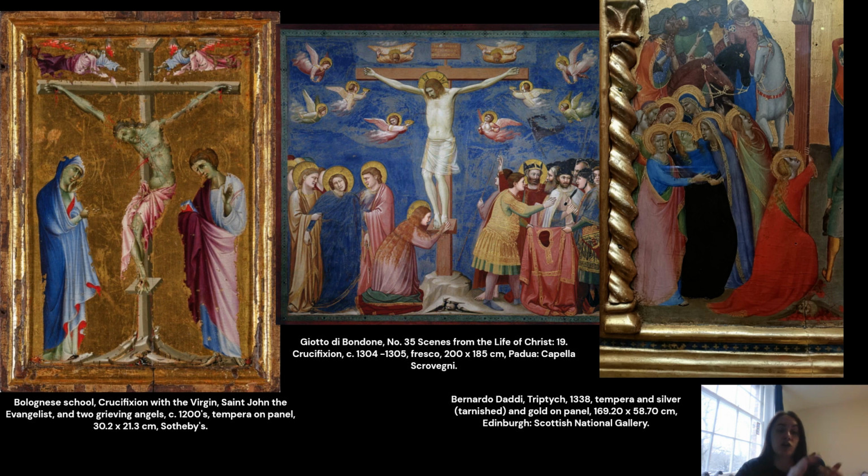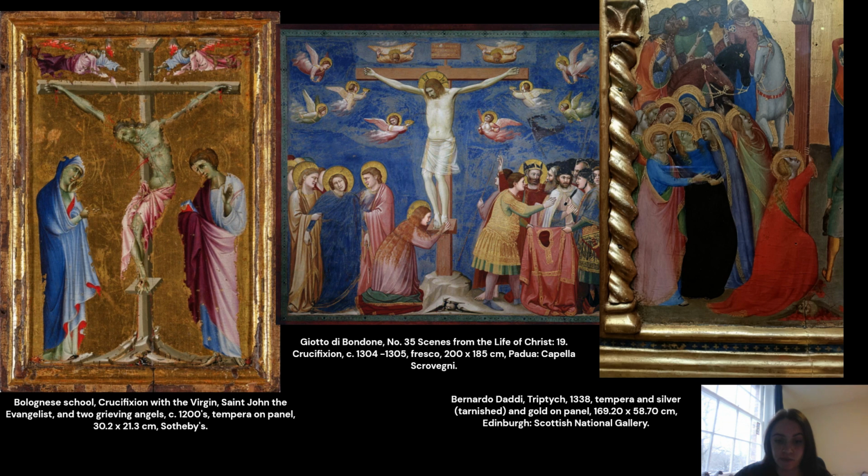Sometimes John is shown with his hands clasped or wringing his hands, and Mary is just seen standing exactly the way she is described in the account of John. It's only in the 13th century where we begin to see the depiction of Mary progressing to where she is fainting.